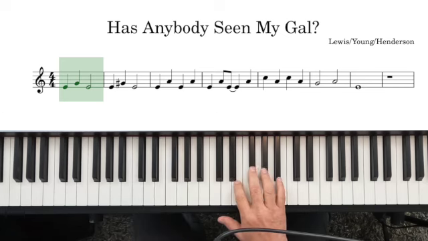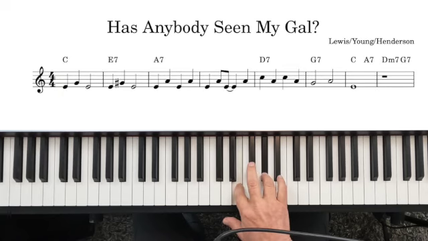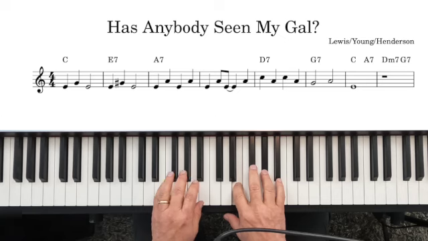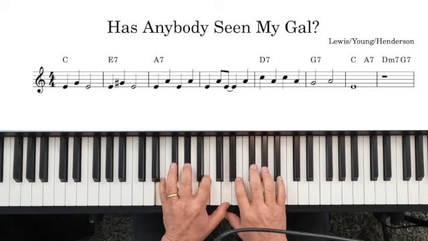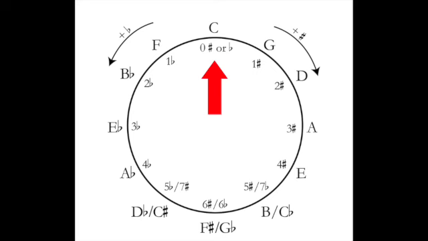But then in measure 2, those two notes are pretty obviously part of the E7 chord. Or just E if you like, but we could also use E7. So immediately we're jumping from C to E7.